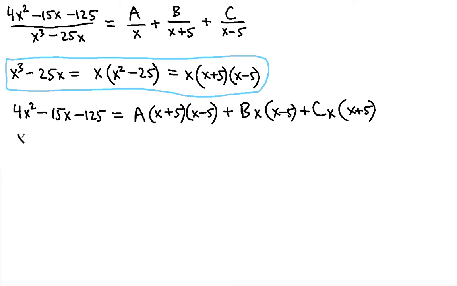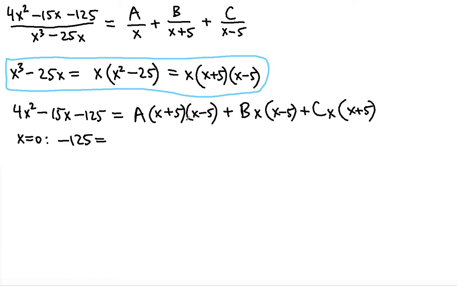So what I mean is that when x is equal to 0, notice that these two terms become 0 because they're both multiplying the x squared and x respectively, right? So what remains here is minus 125. And setting x to 0 also eliminates these two terms here because they both multiply the x's, right? So instead all you have is this.